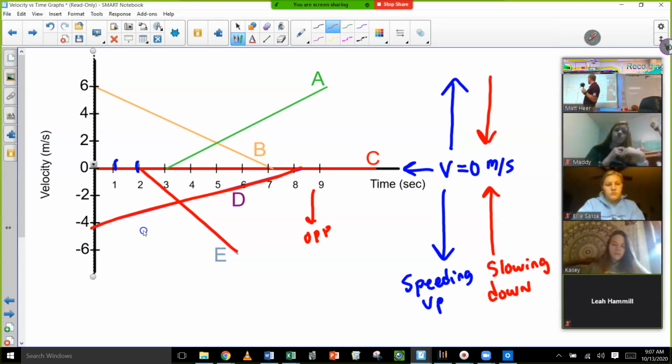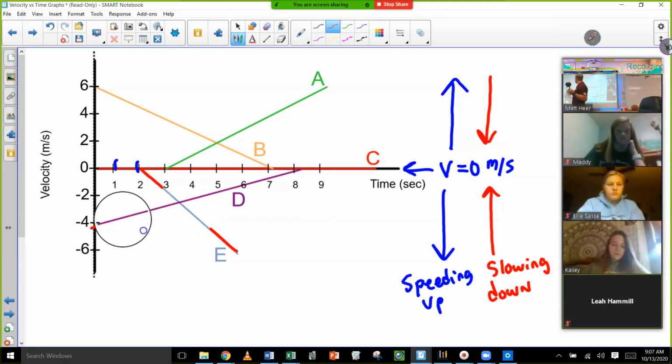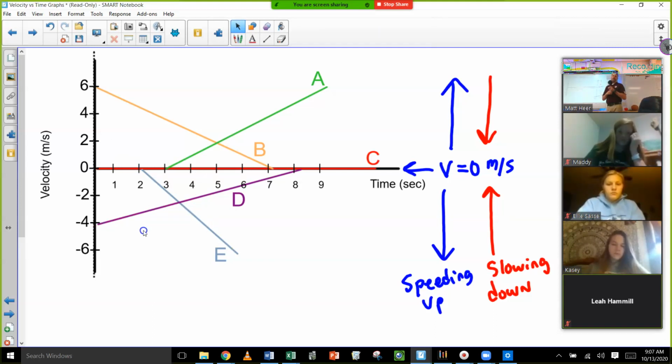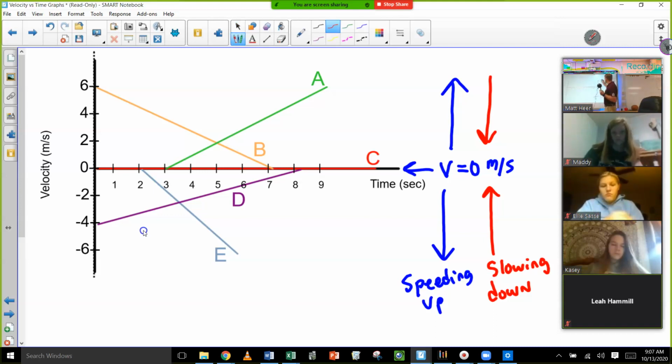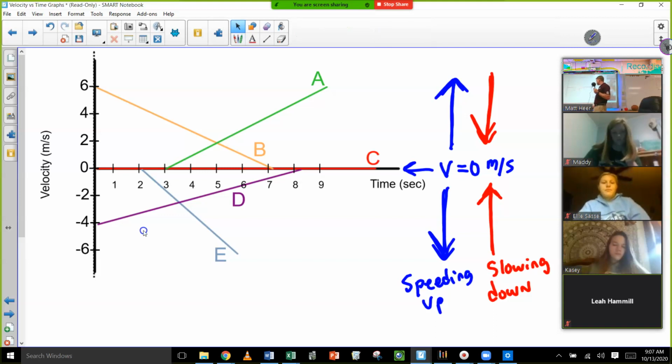So it's kind of opposite down here. So don't think to yourself that, oh, the graph is going down, that means it's slowing down. Not always. So that's thing number one that I think was helping some of the people I talked to yesterday: if the graph is converging towards 0, that means it's slowing down. And if it's diverging, if it's getting away from 0, that means it's speeding up.